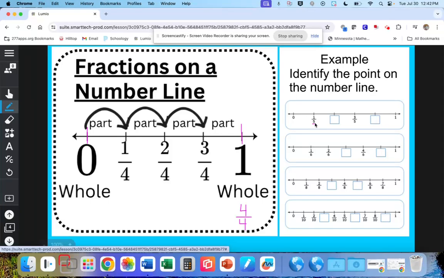So if I have 1/5, my next one's going to be, good, 2/5. And then I will have 3/5, and then we're missing 4/5. And to get to the whole, it would be 5/5. The next one here is broken into 6 parts. So we're missing the 3/6 and the 5/6.